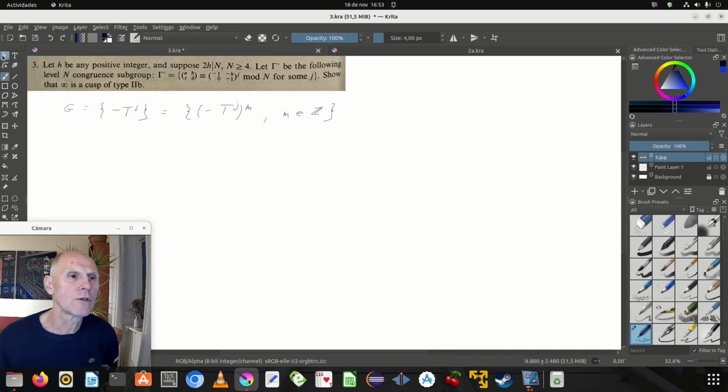What I wanted to do then was to describe gamma mark in case n equals 4. And then we have two possibilities for h. So let's see what are the groups in question here really.